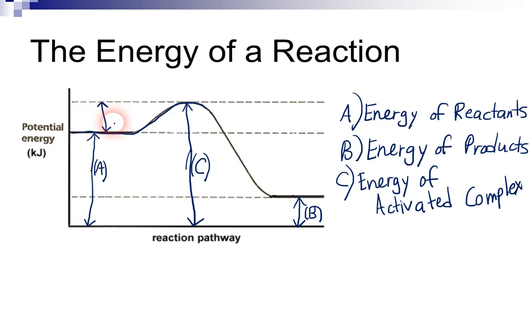And it looks like that's the amount of energy that's required to get the reaction started. Because if we can get to that point, like right there, then this reaction is just spontaneously going to go all the way down here, kind of roll downhill, as it were, down to the product side. And that energy that's required to get the reaction started, I'm going to label that as D over here, it's called the activation energy.